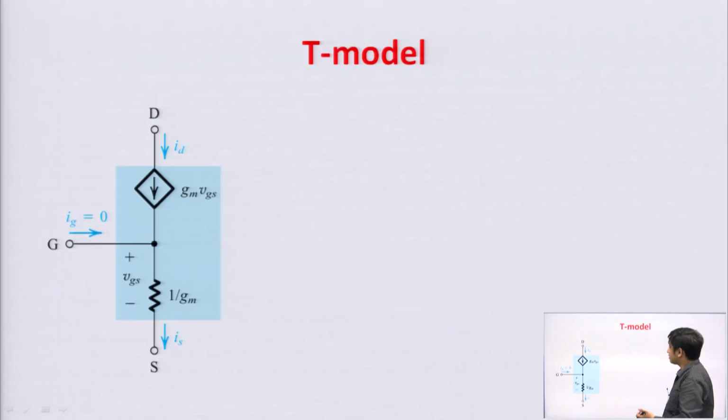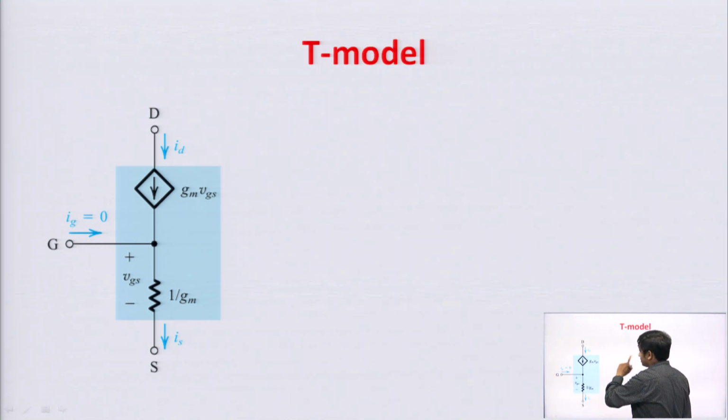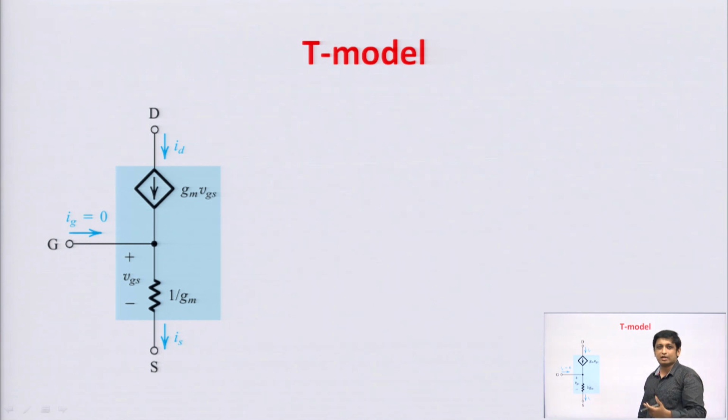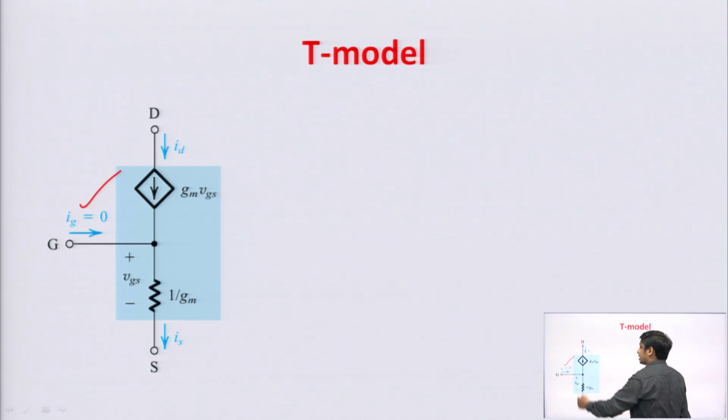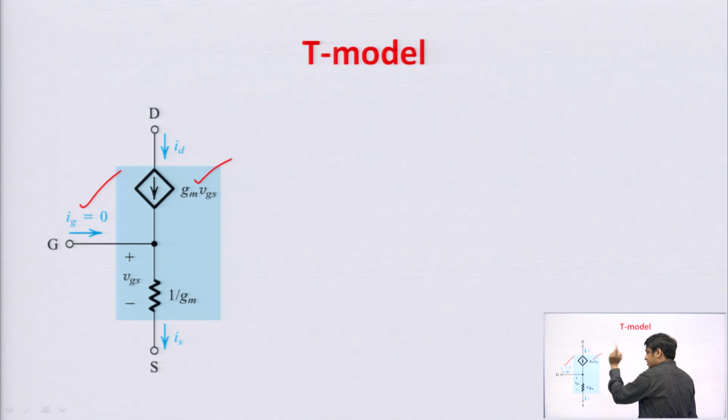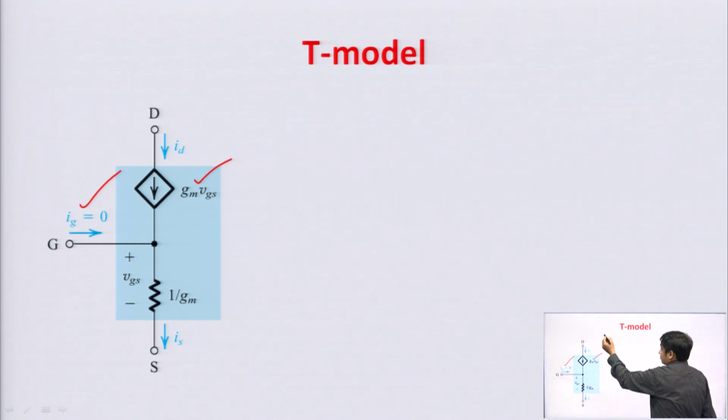Then another small signal model is the T model. Because of its shape, it is called T model. You can easily compare this T model of BJT with the T model of MOSFET. You will see that the only difference is that now here the gate current is 0, and now here it is gm into vgs. And in T model of BJT, what had we written?